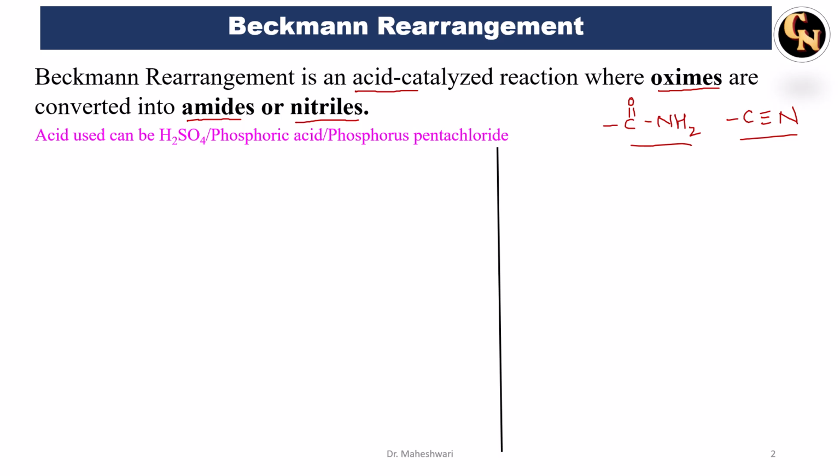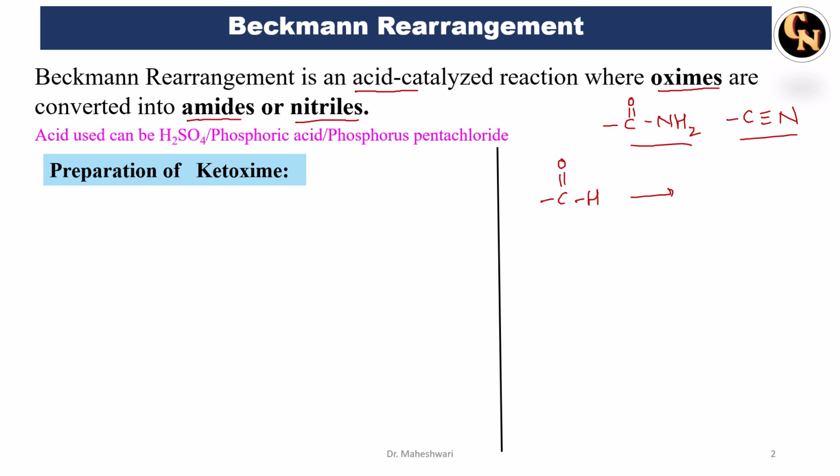Before we begin with the Beckmann rearrangement, we will understand what oximes are. So we will be preparing oximes first. And here we are going to prepare ketoxime, because it is prepared from a ketone, so it is ketoxime. If it is prepared from an aldehyde, then it will be called an aldoxime. So students, if you prepare it from an aldehyde, taking the aldehyde as the starting material, then the compound will be called an aldoxime.